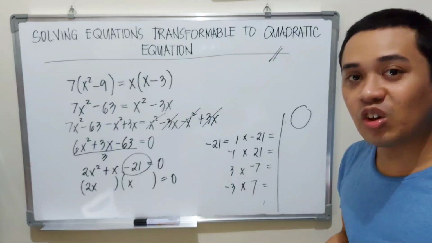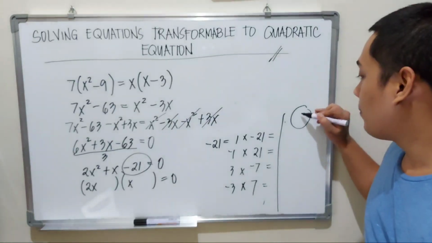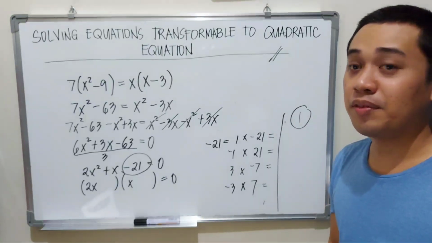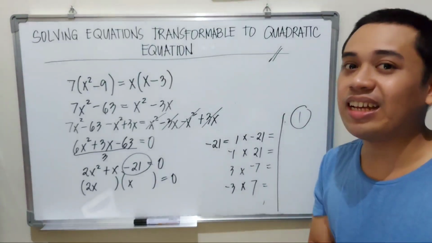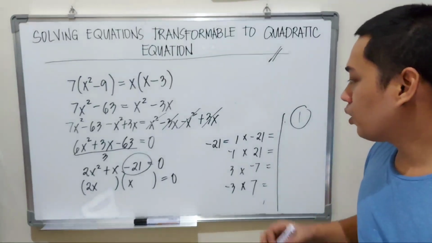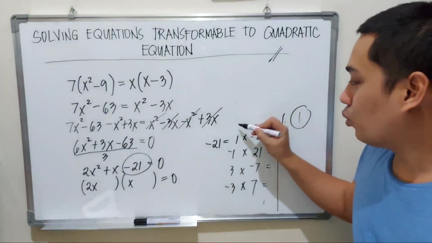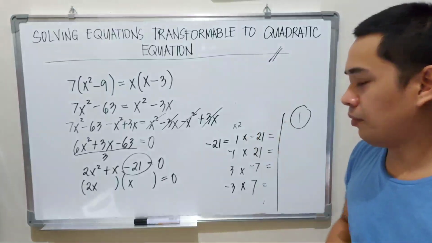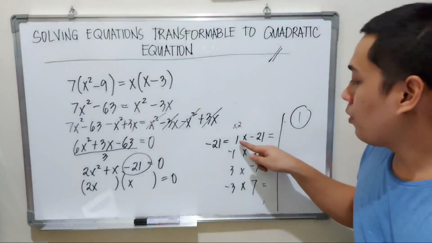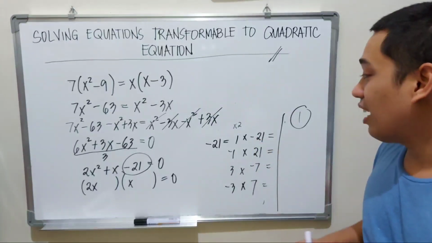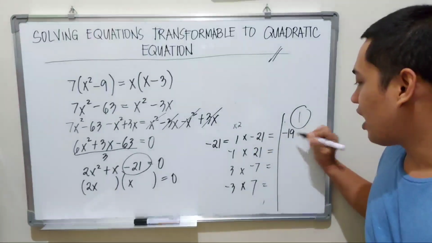Dapat sa apat na to ang magre-result sa sagot na 1 kapag pinag-add natin yung mga factors na ito, at yung isa dapat ay naka-multiply sa 2. So, try nating i-multiply lahat ng nasa unahan sa 2. So, let's check. 1 times 2, 2 plus negative 21, edi diba negative 19 na siya.